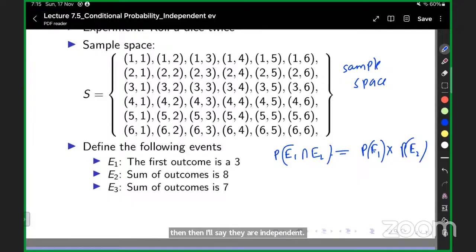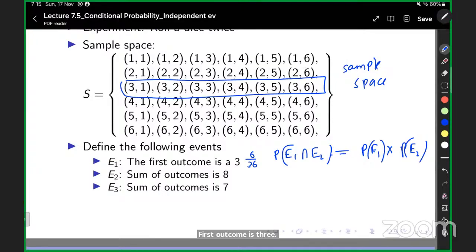Okay, so let's see. First outcome is 3, right? And what is the probability of this? 6 by 36, correct? First outcome is 3. Sum of the outcome is 8, which is here, and if you count them, 1, 2, 3, 4, 5, 5 out of 36 scenarios are there where this is happening, correct?